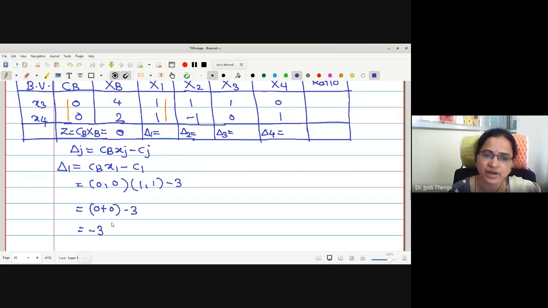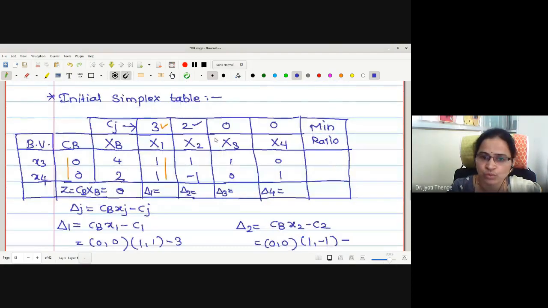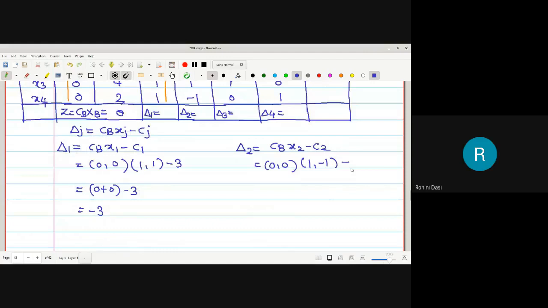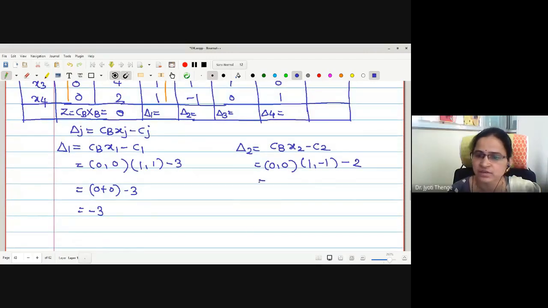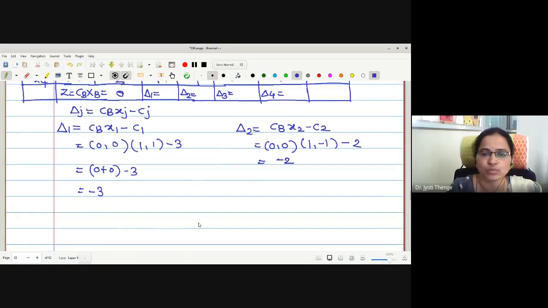Therefore delta 1 takes the value minus 3. What for delta 2? CB x2 minus C2. CB takes 0, 0. X2 takes 1, 1. What is the C2 value? Is it 2? Yes, ma'am. This is 2. Again, this is giving me 0, 0, minus 2. This is minus 2. Delta 1 is minus 3. Delta 2 is minus 2.